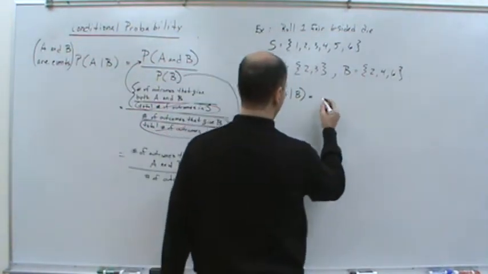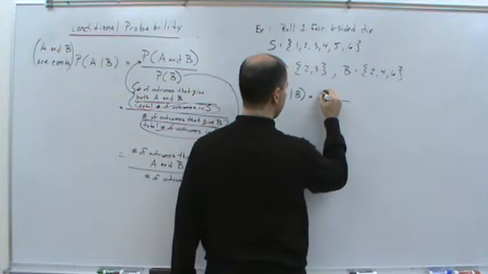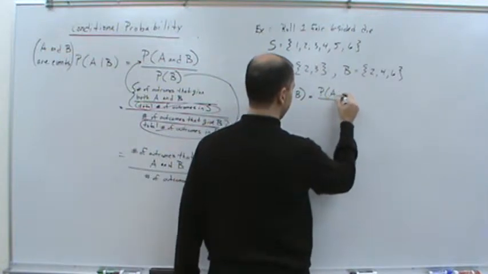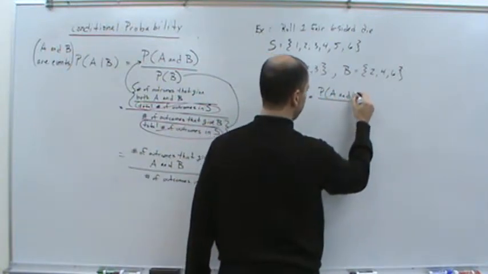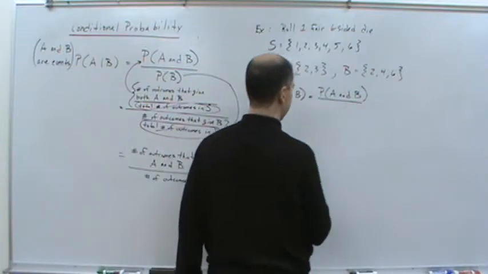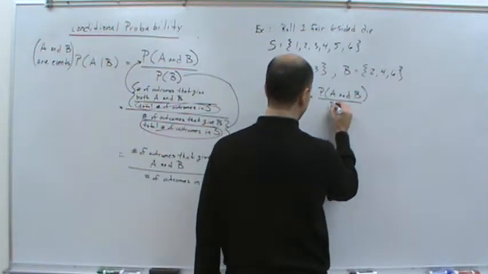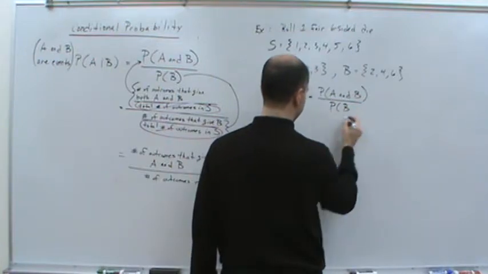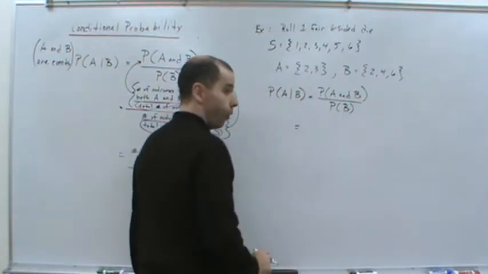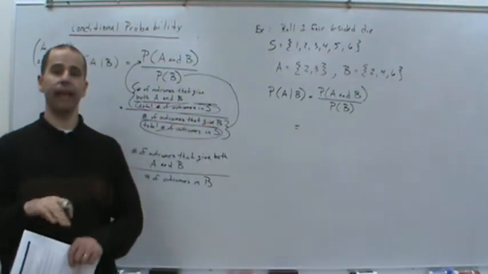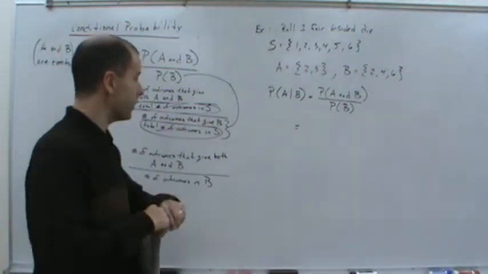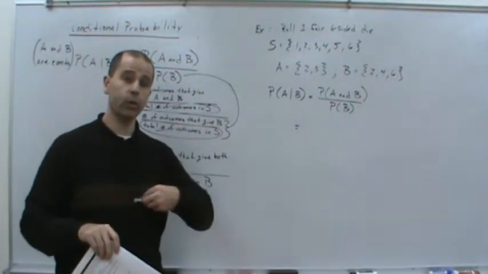Okay? Well, what does this mean? It means the probability of A and B divided by the probability of B. So now, what's the probability of getting A and B on one roll of a die?